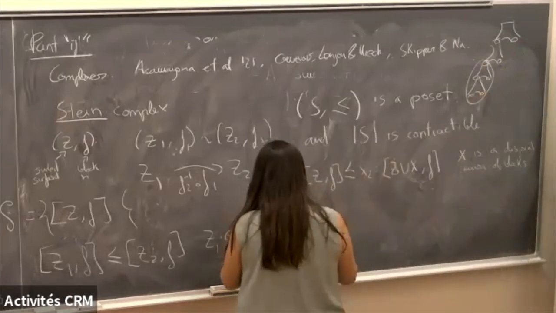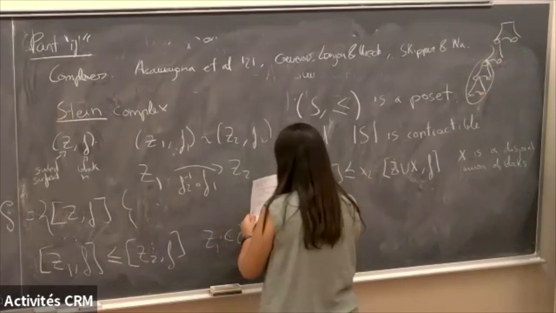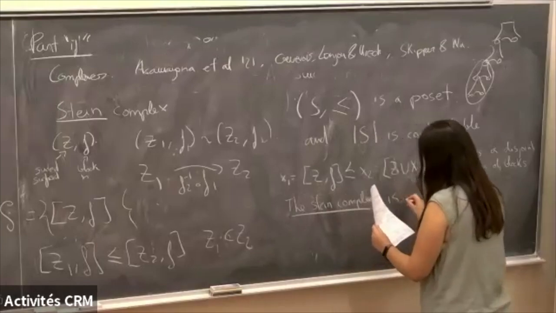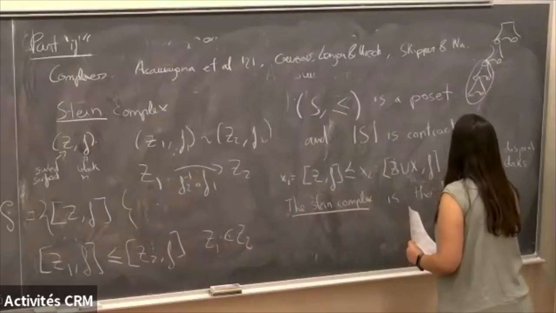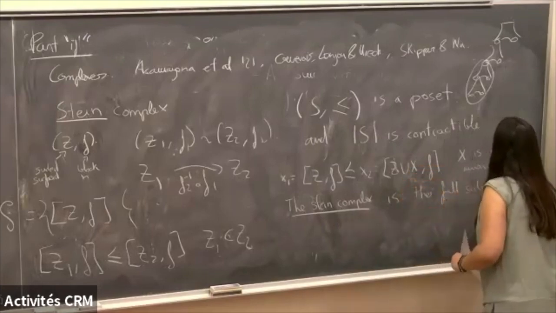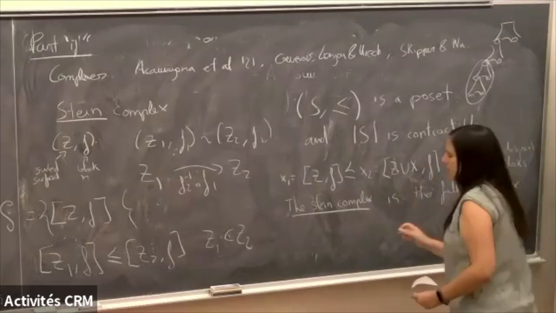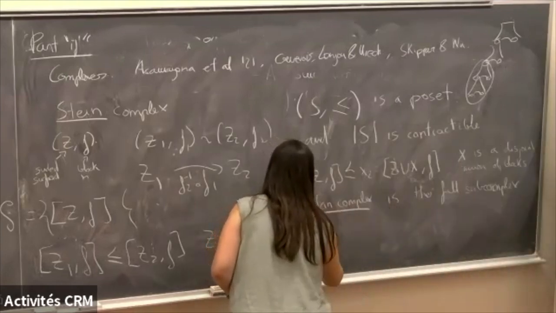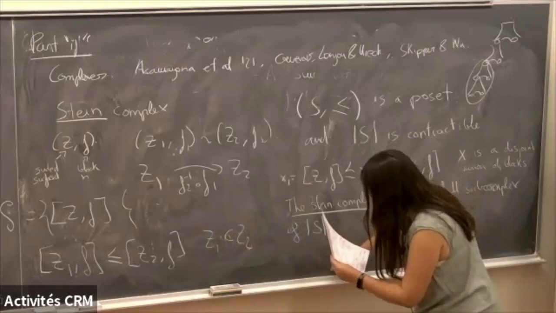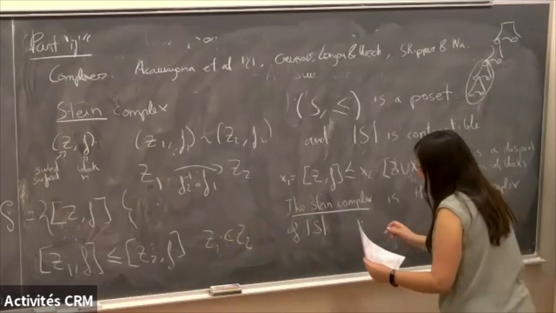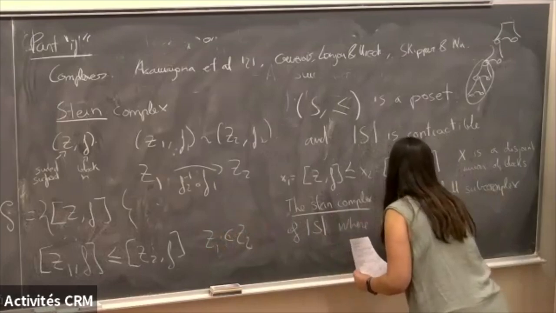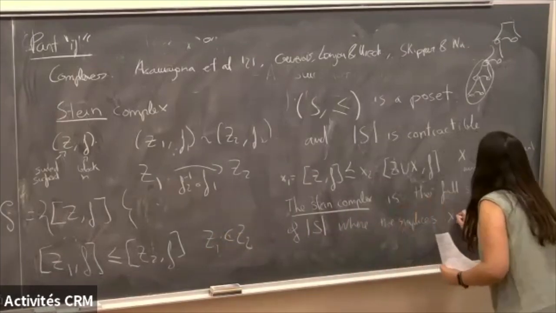And the Stein complex is the full subcomplex of the geometric realization of S, where the simplices are like that.